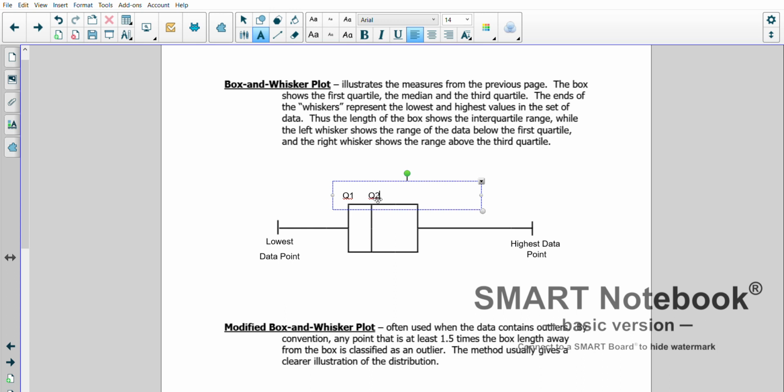That line in the middle of the box is going to be the second quartile. And then way over here, you get the right side of the box, which is the third quartile. And you can see the length of the box is the interquartile range. Maybe I'll write that as well. Interquartile range would be this.